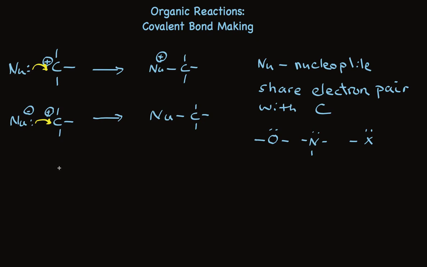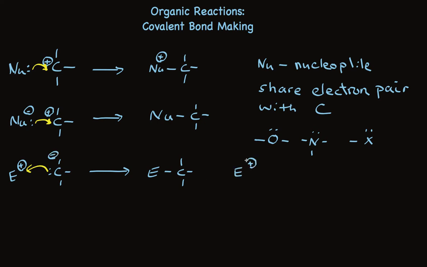Another possibility would be a carbon atom having a pair of electrons sharing with something that needs a pair of electrons. We typically will picture that as something that is positively charged. And now the arrow pushing goes the other way, from carbon to the electrophile. Carbon typically would be negatively charged, and we'd have a neutral product.